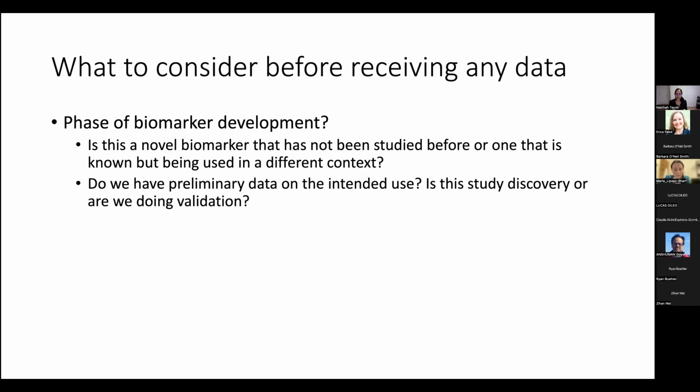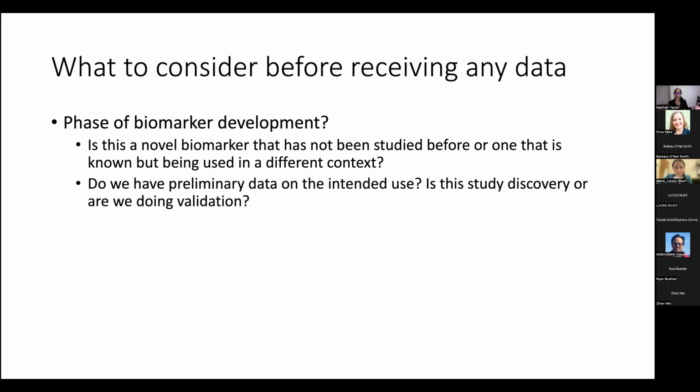So you want to understand the biomarker itself. Is it something brand new, with still a lot of development, where maybe you don't completely understand whether it's specific to a particular cancer or some scenario?